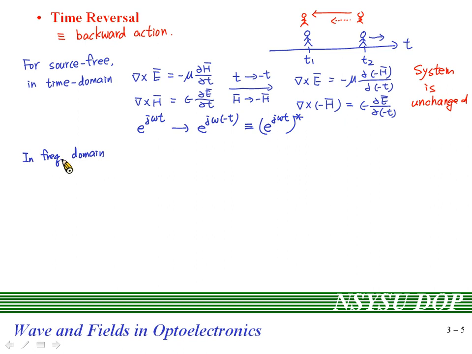Now we consider the frequency domain. In the frequency domain, the Maxwell equations become curl E is minus j omega mu H, and curl H is j omega epsilon E. Now we take the conjugate of these two equations.